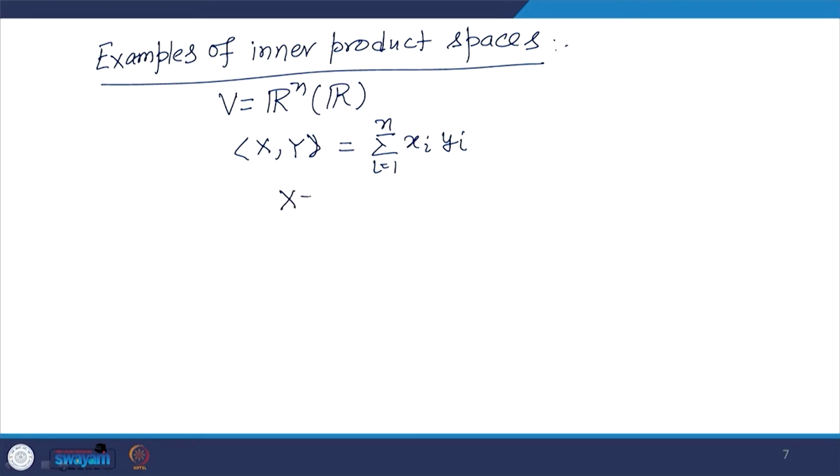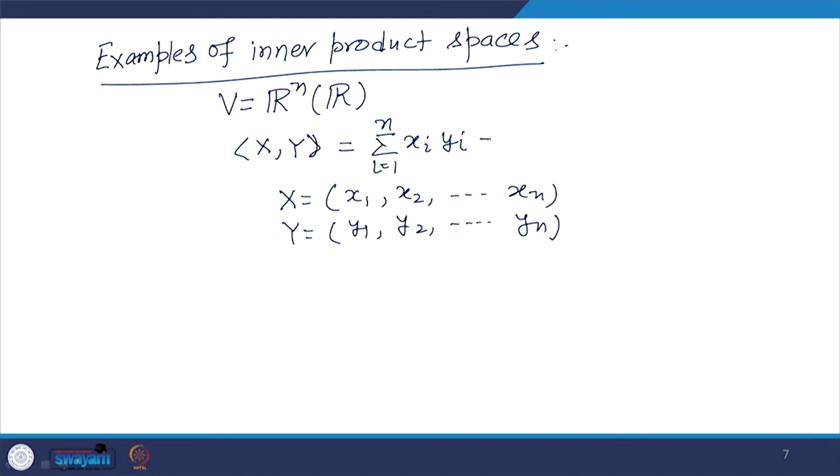Here x is the vector having components x 1, x 2, up to x n, and the vector y is having components y 1, y 2 up to y n.